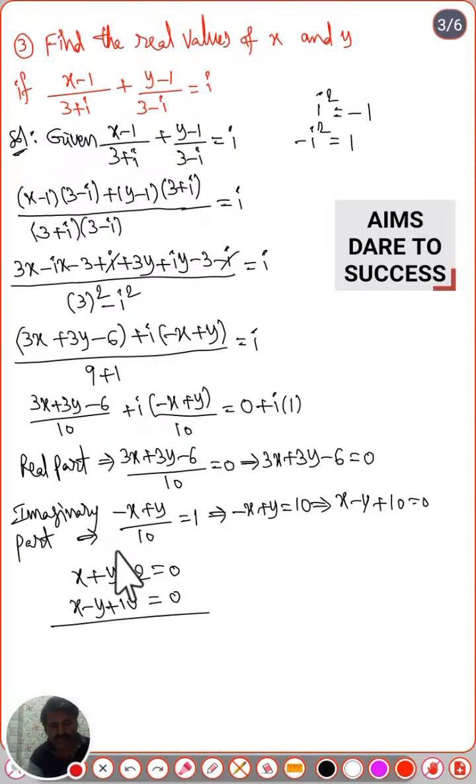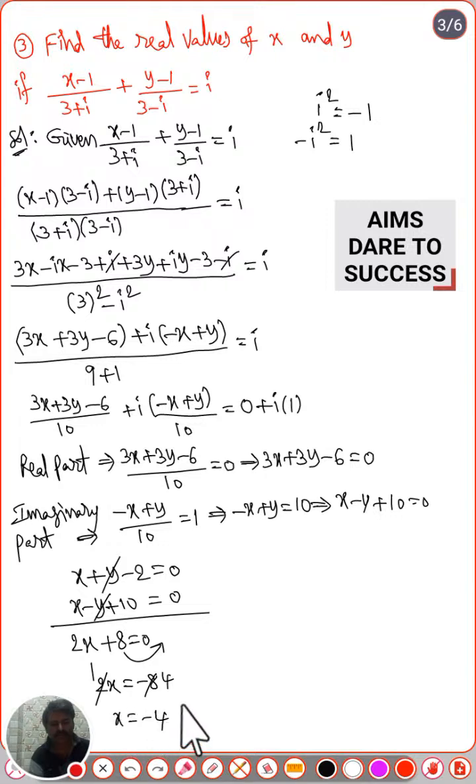Solve these two equations by addition. Plus y minus y cancelled, x plus x is 2x. 10 minus 2 is 8, equal to 0. 8 is moving to the right side, we get 2x is equal to minus 8. Coming to here, 2 ones are 2, 2 fours are 8. X is equal to minus 4.